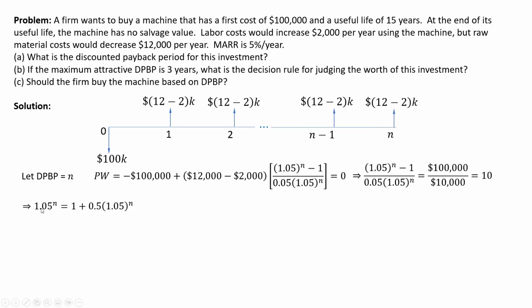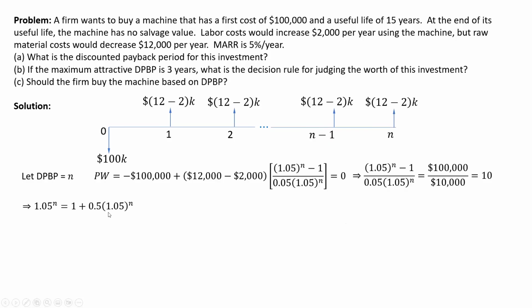So when I say 1.05 to the n, that is the top, I added 1 to both sides, so it became 1 plus. Now, if you cross multiply, 10 times 0.05 is 0.5 times 1.05 to the n. That's how I got this.